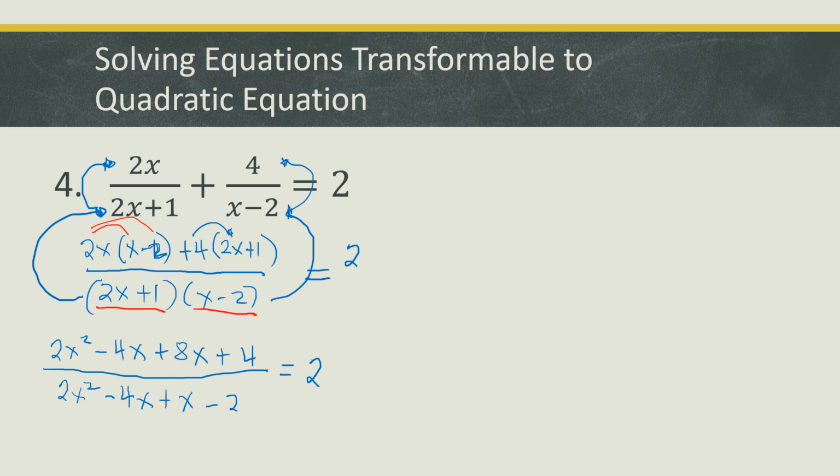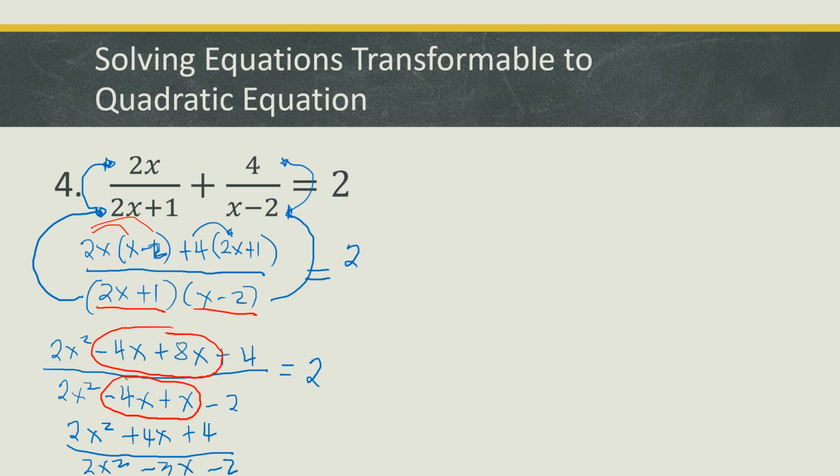Combine like terms. On the numerator, we have negative 4 plus 8x. On the denominator, we have negative 4x plus x. So we have now 2x squared plus 4x plus 4 over 2x squared minus 3x minus 2 equals 2.